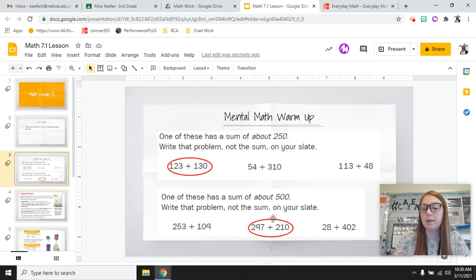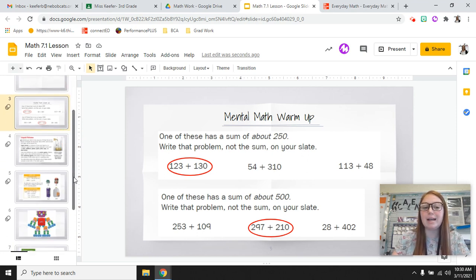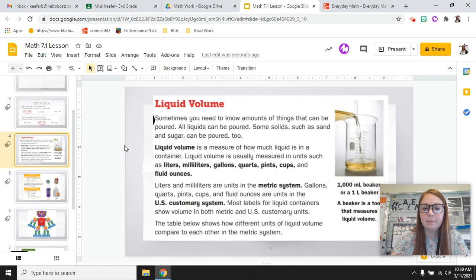If you think 300 plus 200, that would get you close to 500. These other ones, 253 plus 109, wouldn't get you close to 500. That would be less than. And same with 402 plus 28. That still would not get you close to 500. Again, we're just practicing estimation because that will play a part in going through liquid mass and liquid volume.